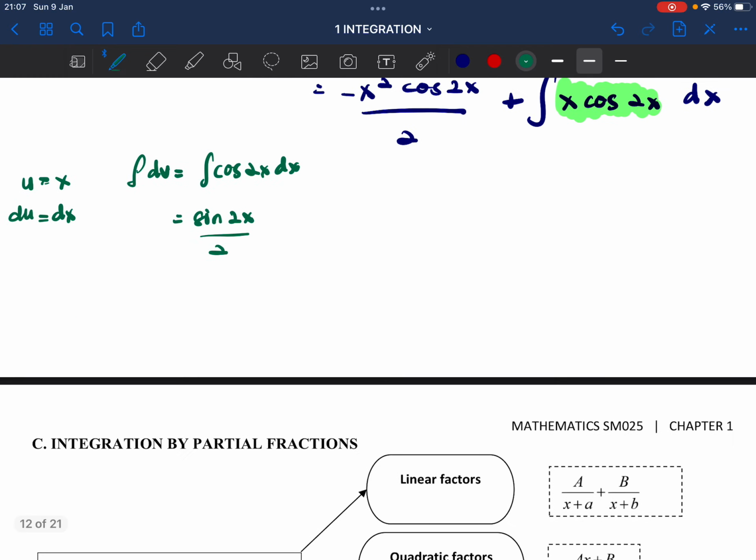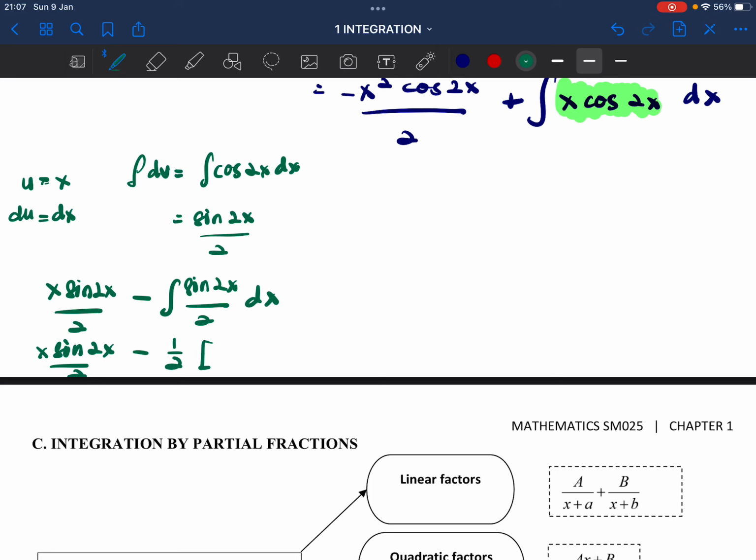So, arrange using the formula again. We will have uv, x sin 2x over 2, minus integrate v du, sin 2x over 2 dx. Which is our answer here: x sin 2x over 2 minus 1 over 2 integrate sin, you will get negative cos 2x over 2 times 2.